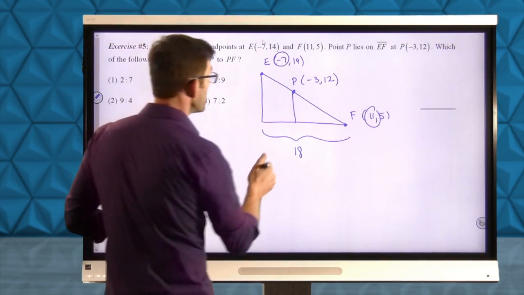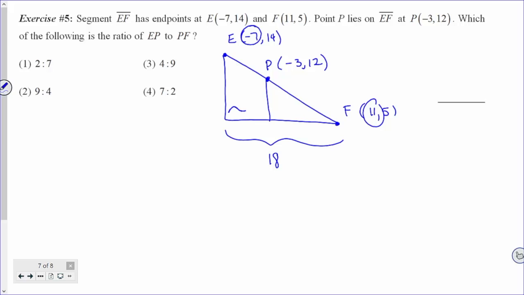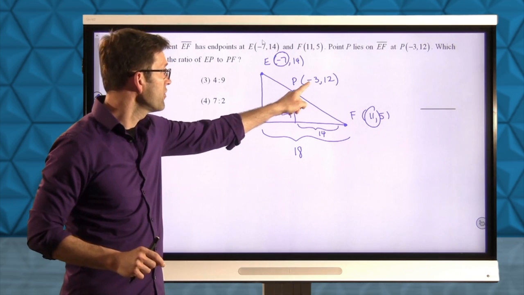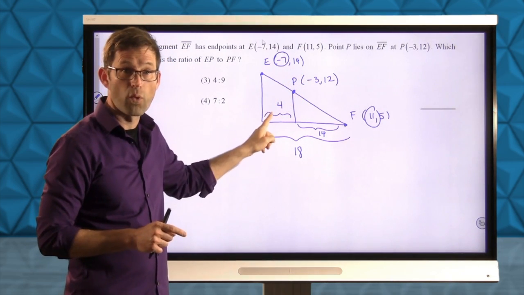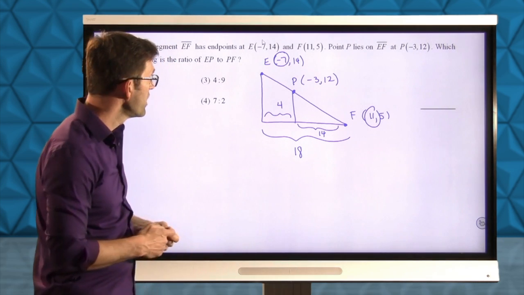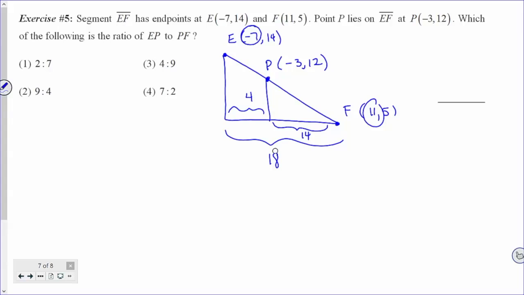Now, on the other hand, to go from -7 to -3, that's 4 units, and to go from -3 to 11, that's 14 units. Just think about it. And of course they both add up to be that 18, which I don't actually need.